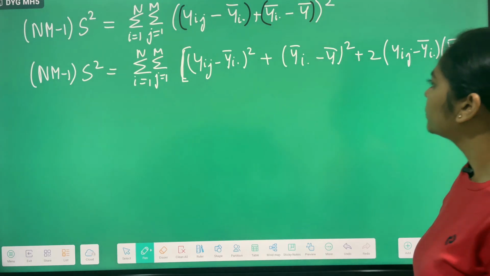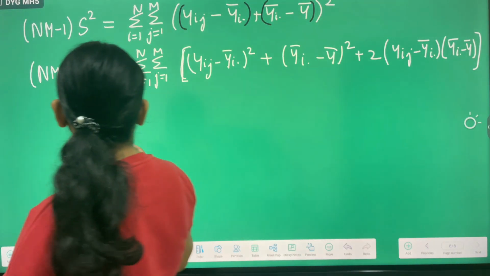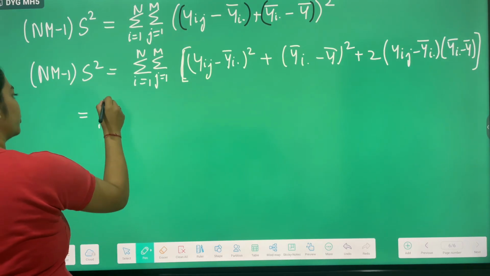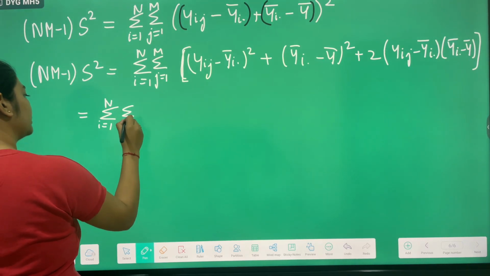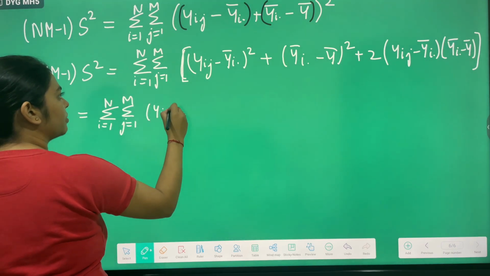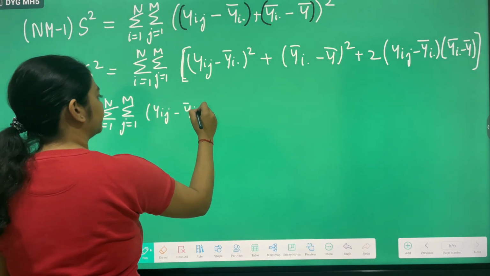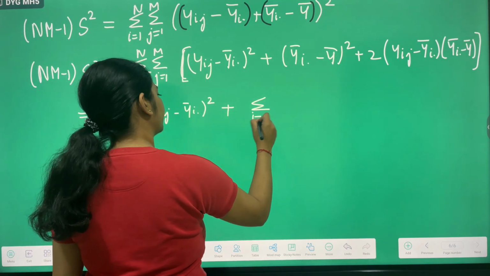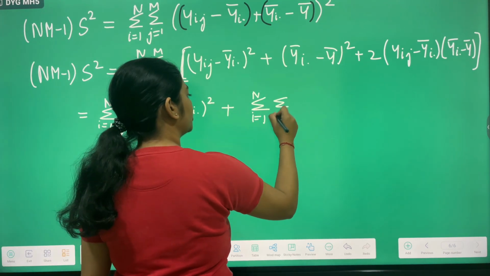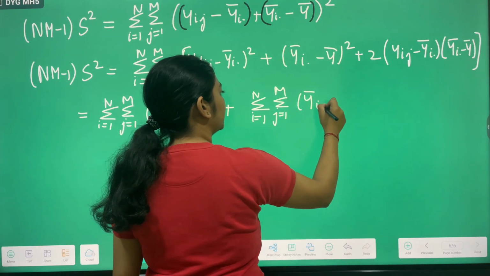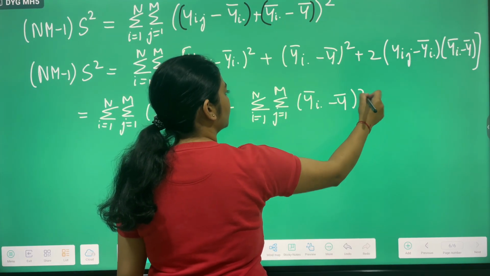This is the formula. If we take summation inside, then we will get summation i goes from 1 to N, summation j goes from 1 to M, y_ij minus y bar i dot whole square plus summation i goes from 1 to N, summation j goes from 1 to M, y bar i dot minus y bar whole square.